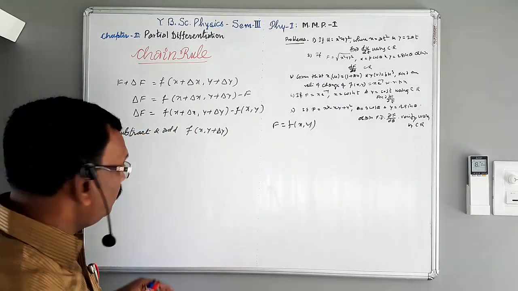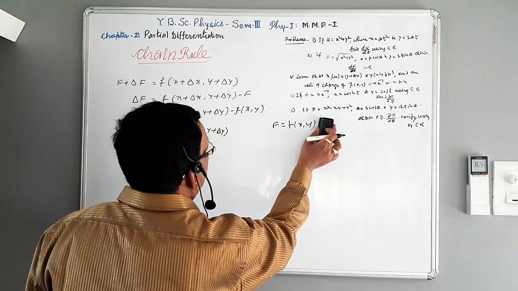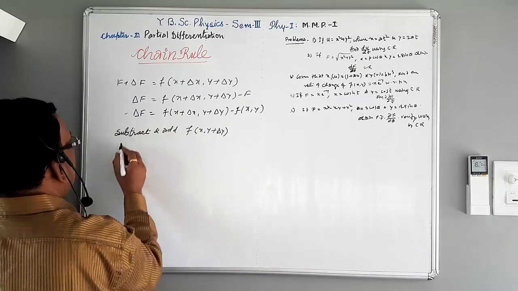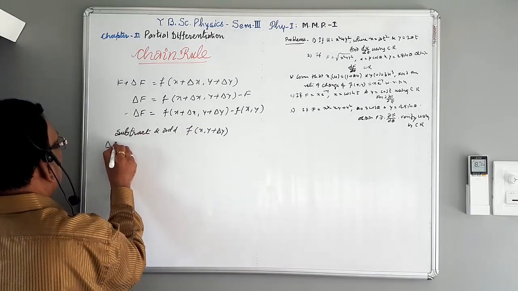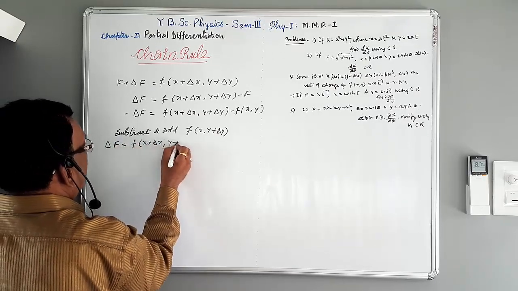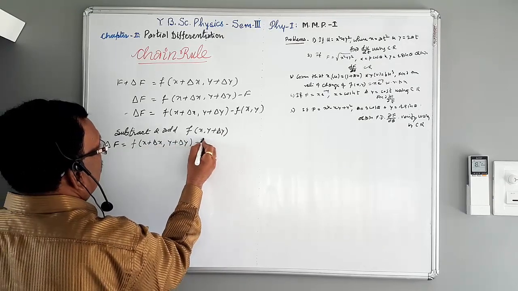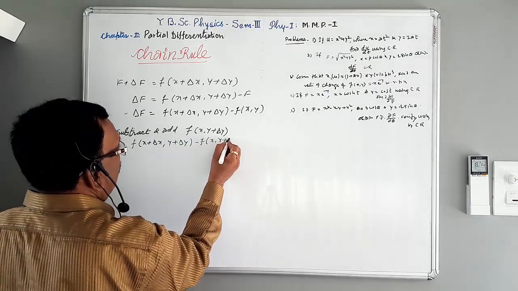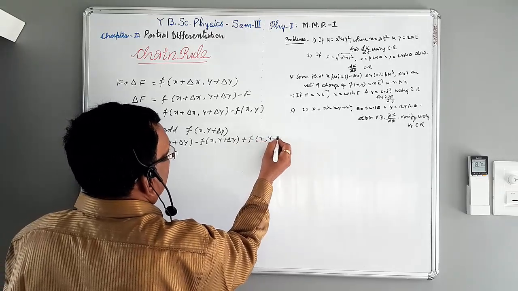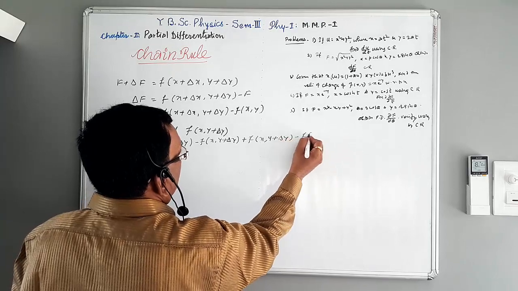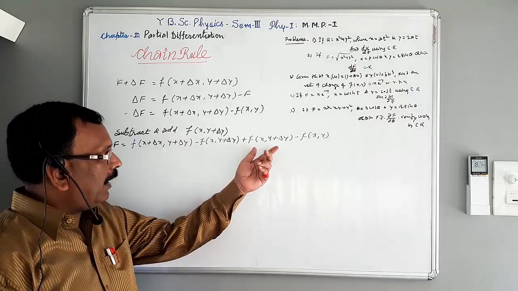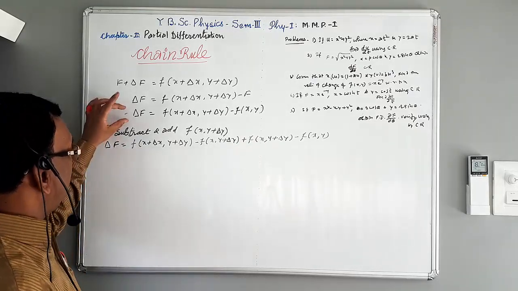So by subtracting and adding this term, the equation becomes delta f is equal to f of x plus delta x comma y plus delta y minus f of x comma y plus delta y, plus f of x comma y plus delta y minus f of x, y. When we subtract and add the same term, the equation remains unchanged.